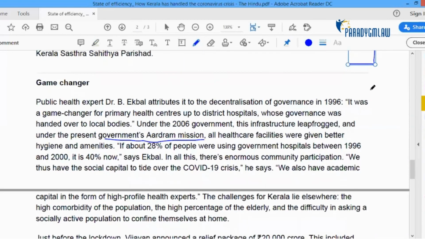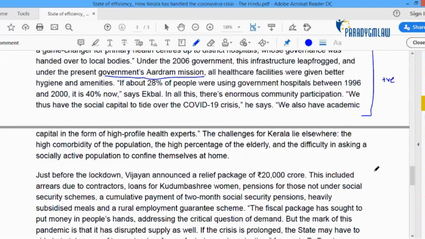So this passage talks about the healthcare sector and the positives. Okay. And here we have the negative, basically where the challenges lie for Kerala. So read this line, this should be self-explanatory.